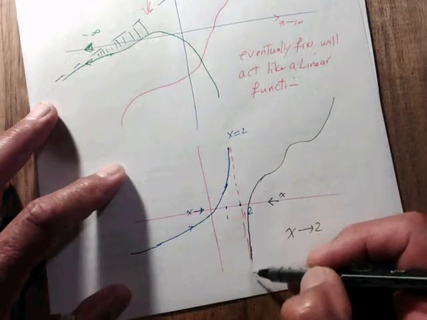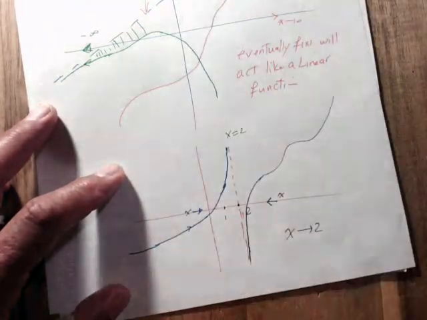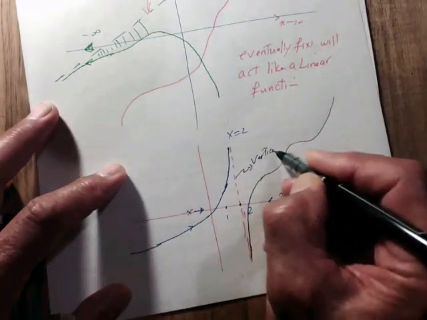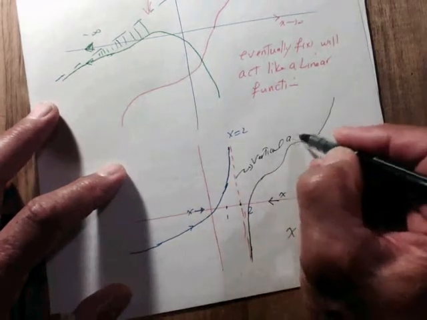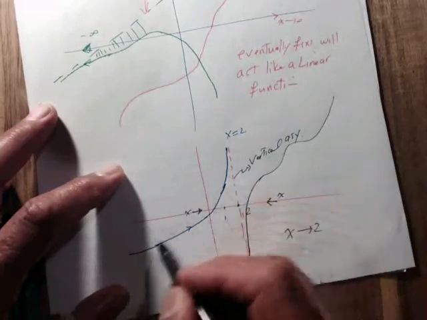See, they don't touch, it just follows right to it, sliding against it. So this is a vertical asymptote. Or if you go from the left side, the same thing happens.